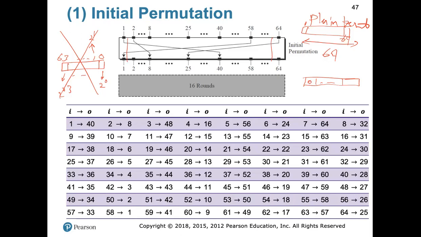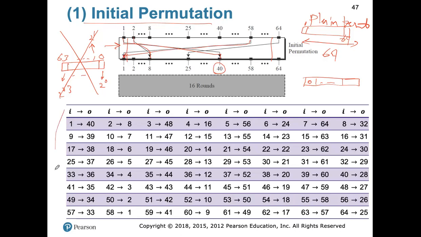Anyway, this is our plain text which is going to be applied, and in the initial permutation, this is what we are going to do. Bit number 1 goes to bit number 40. Bit number 2 goes to bit number 8. Bit number, for example, 58, it will be applied to bit number 1.